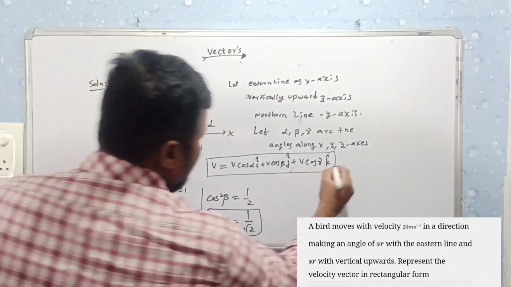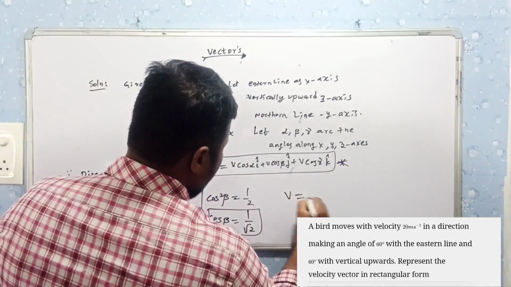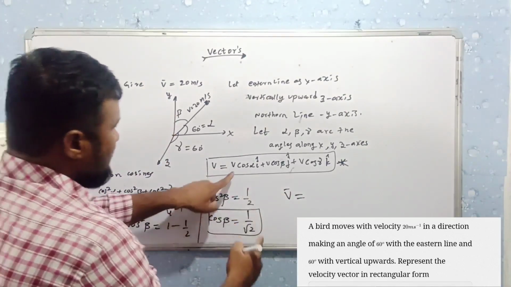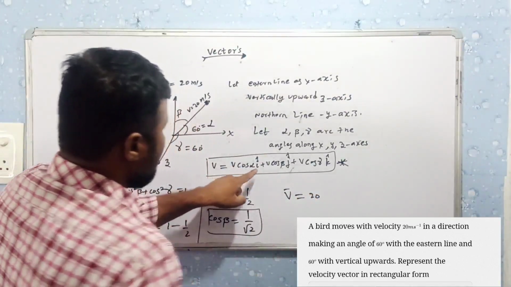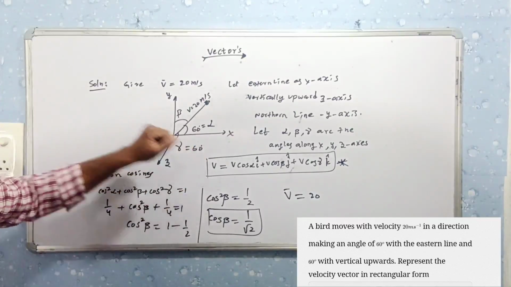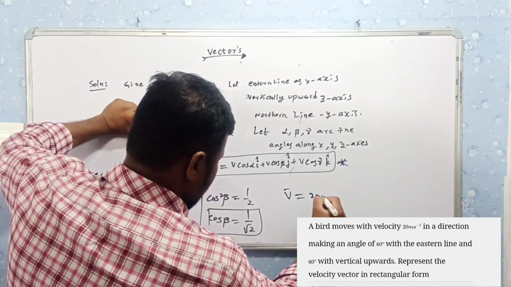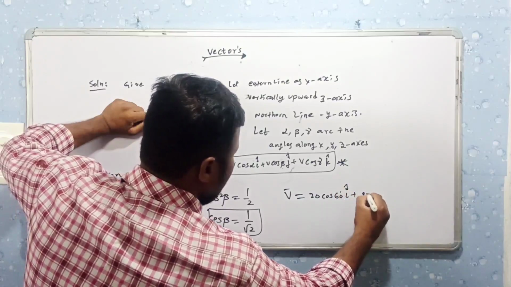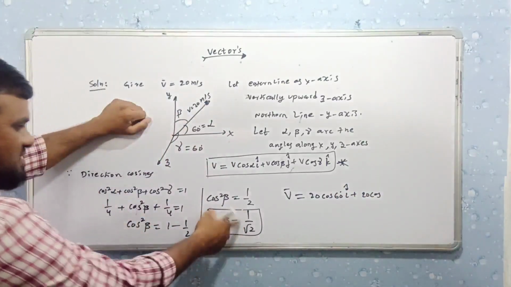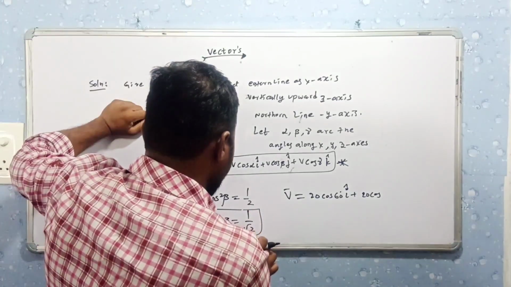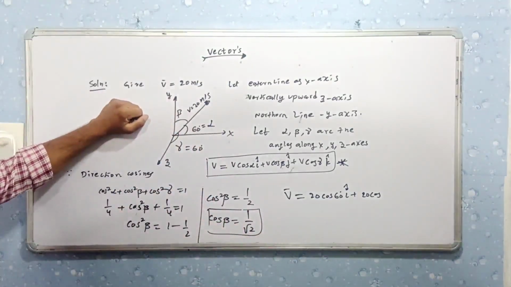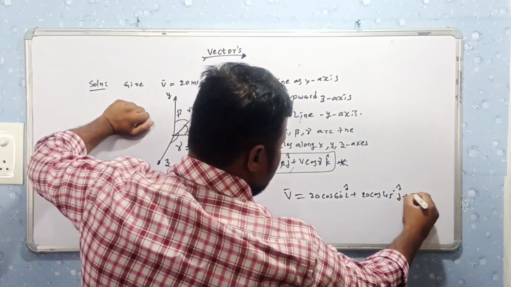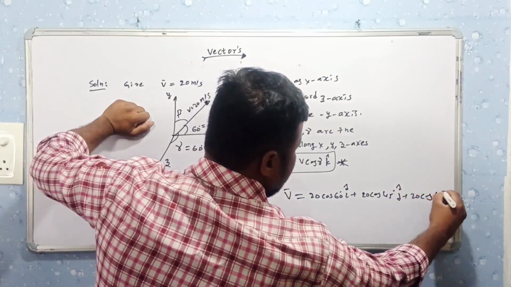Now substitute in this equation: resultant vector v bar is equal to v is 20 cos alpha, 60 degree, 1 by 2, 20 cos 60 degree i cap plus 20 cos, this is 1 by root 2, that means 45 degree, 20 cos 45 degree j cap plus 20 cos 60 degree k cap.